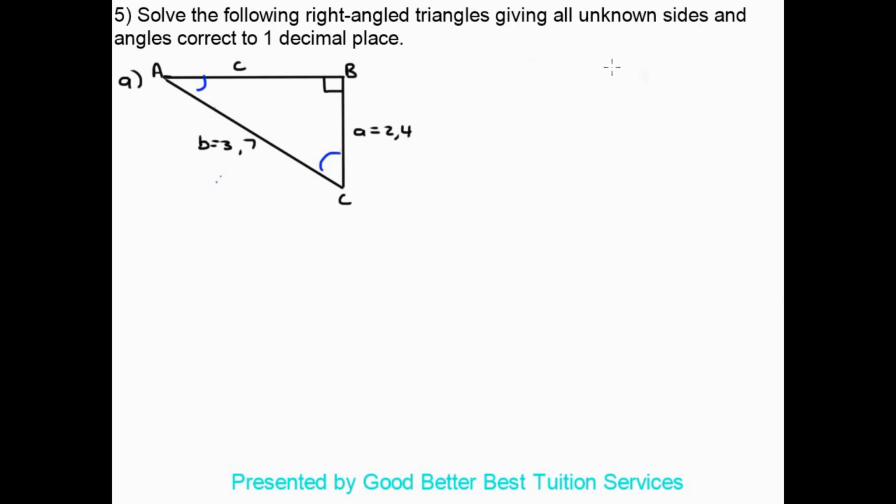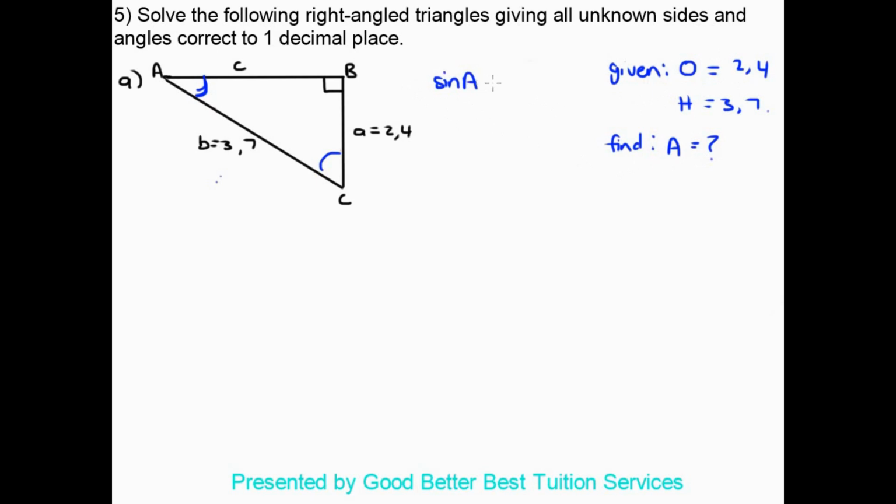So what I'm going to do is say I'm given, in the case of angle A here, the opposite and the hypotenuse. So I'm going to say opposite, which is obviously 2.4, and the hypotenuse, which is 3.7, okay? So I'm looking to find angle A, which we don't know yet. Seeing that it's opposite and hypotenuse, we know we're dealing with the sine ratio.